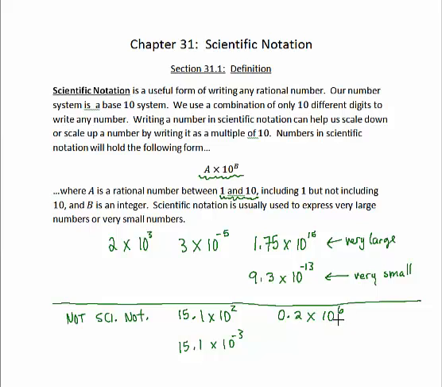So it can be plus or minus, but we don't have decimal numbers or fractions for this power of 10. This is not scientific notation. We have a 0 in front of our decimal point. We want one non-zero digit in front of the decimal point, if there is a decimal point. Hopefully that gives you some idea of the type of format that we're going to be talking about in chapter 31.